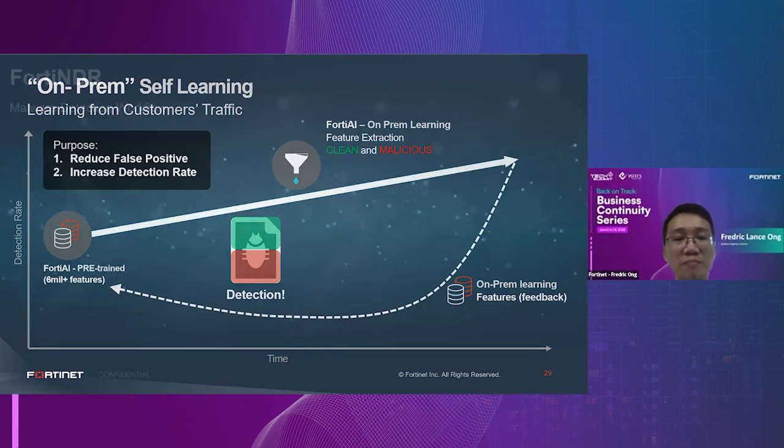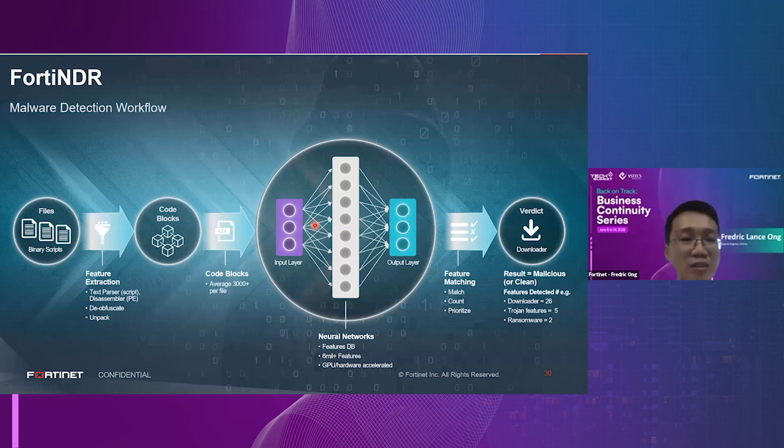I just want to share this also. This is an example of how the process happens. Files are sent to the FortiAI. Features are extracted from the coding of the file, separated into coding blocks, and then run through a neural network inside the FortiAI.